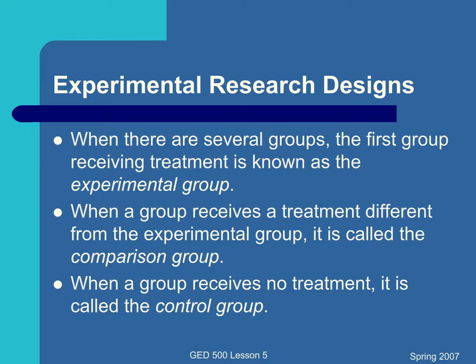So control groups means that there's nothing happening to that particular group. So the first group would be the experimental group, and then there's a comparison group. So maybe one group gets method A for fractions, one group gets method B for fractions, and then the third group doesn't get anything different. So that's how you would do this comparison.